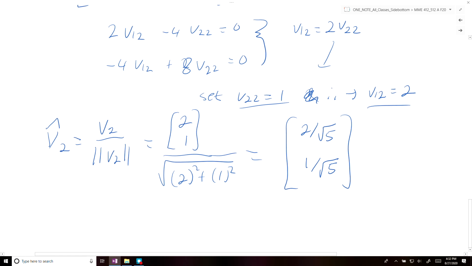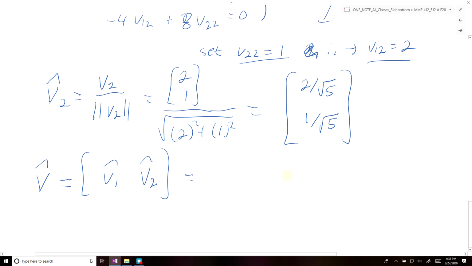So what we end up getting from all of this, you're like, okay, what the heck did these eigenvectors actually mean? Our overall eigenvector matrix V is going to be equal to the eigenvector v1 and the eigenvector v2. This is a 2x2 matrix, and we're just inserting the values we had from above.